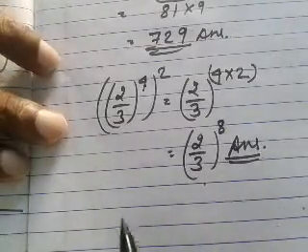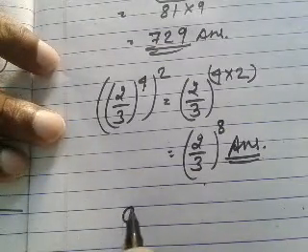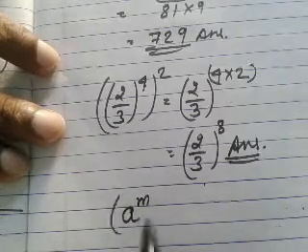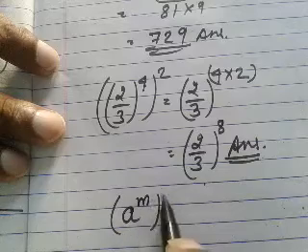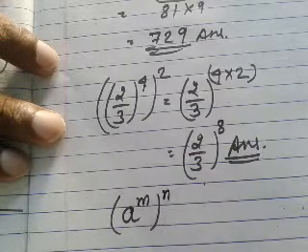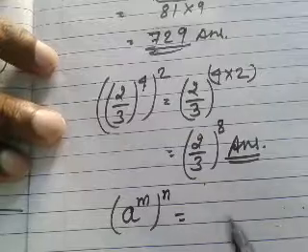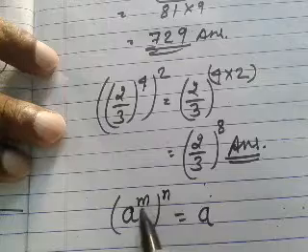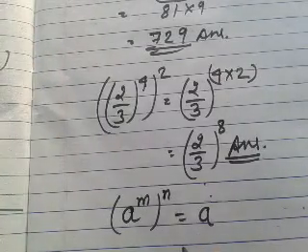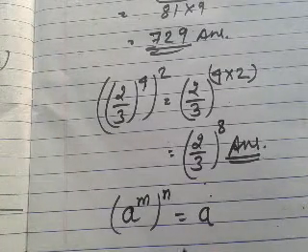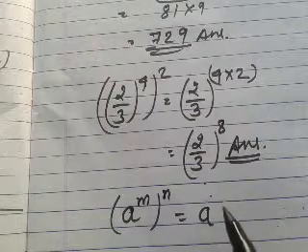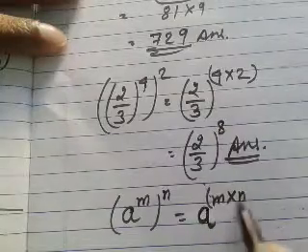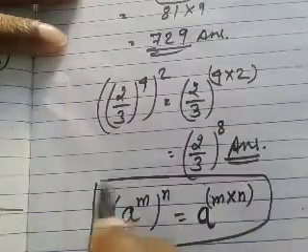If an expression, suppose a, has power m and its power again is n, then if it is expressed in power of power form, its value will be a raised to the power m multiplied by n, not addition.